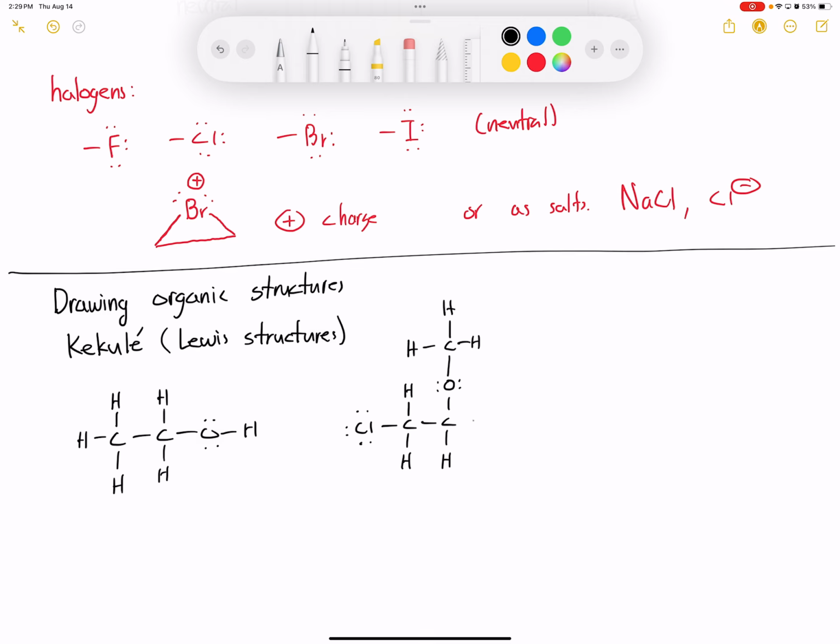Like so, okay? And if you have to draw out all the atoms for, say, compounds with more than 20 atoms, it becomes cumbersome, okay? All right, so that's an organic compound, has an oxygen and a chlorine atom in it.